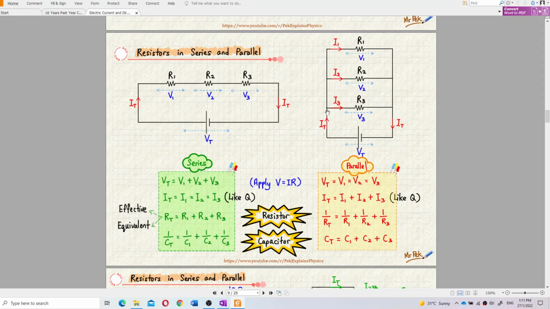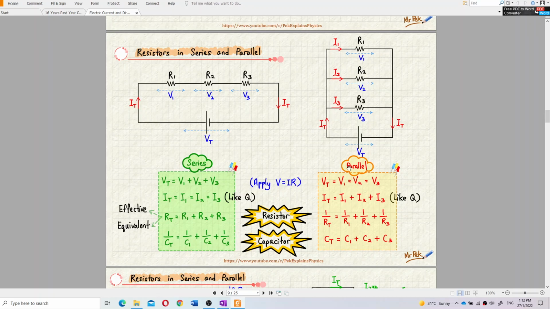V total equals V1 equals V2 equals V3 because they are connected to the same points. You see that? So they have the same voltage. If series, they have the same current. If parallel, they have the same voltage.